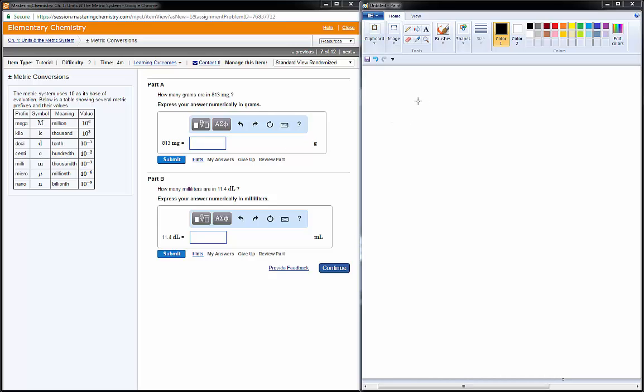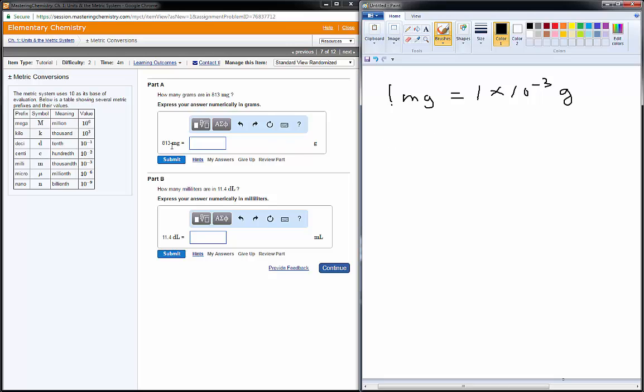And here's what I want you to see. 1 milligram is equal to 1 times 10 to the negative 3 grams because it's got this value of 10 to the negative 3. So for this equivalency, 1 is 1, and milli is 10 to the negative 3, and grams is grams. That's why 1 milligram equals 1 times 10 to the negative 3 grams.